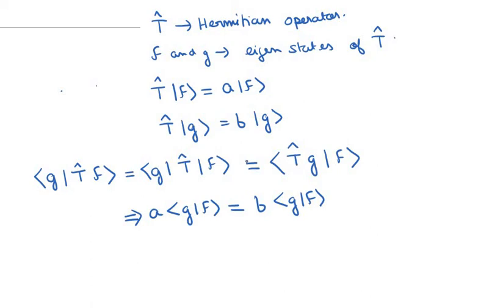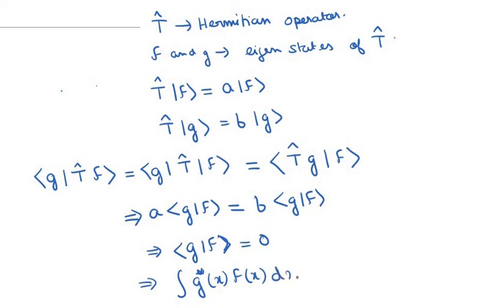So since a and b are non-zero, this implies that the inner product of g and f must definitely be equal to 0, which implies that the integral of g(x) star f(x) dx is equal to 0. So g(x) and f(x) are orthogonal. So we have proved that the eigenstates of a Hermitian matrix are orthogonal.